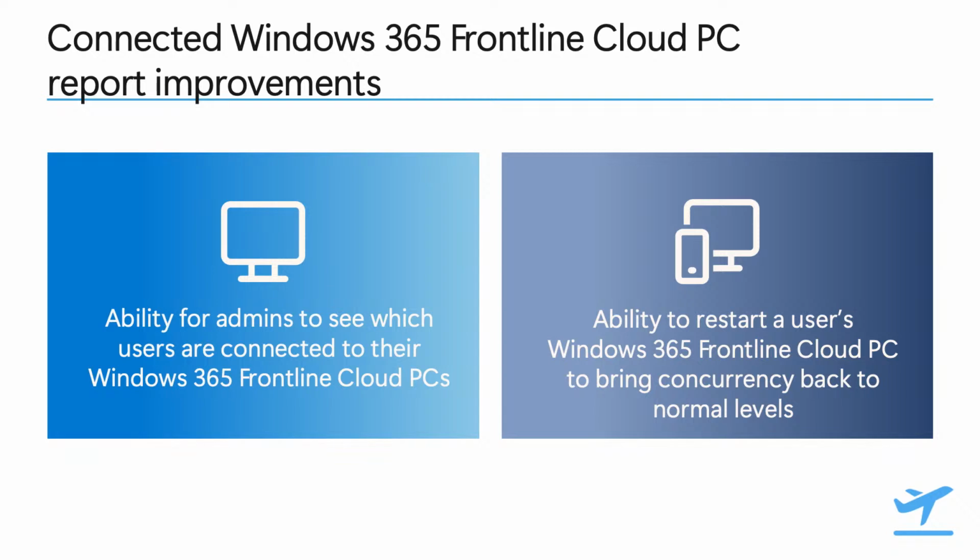With the new improvements to the Concurrency report, admins are now able to see which users are connected to their Cloud PCs and how long their session time has been. Based on this information, the admin can decide to restore the Cloud PC, which effectively disconnects the user from their session and helps bring the concurrency down below threshold levels.